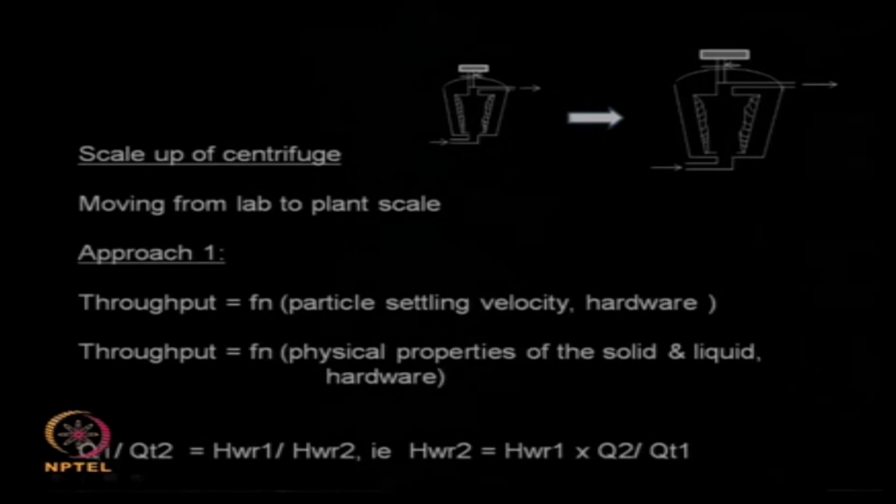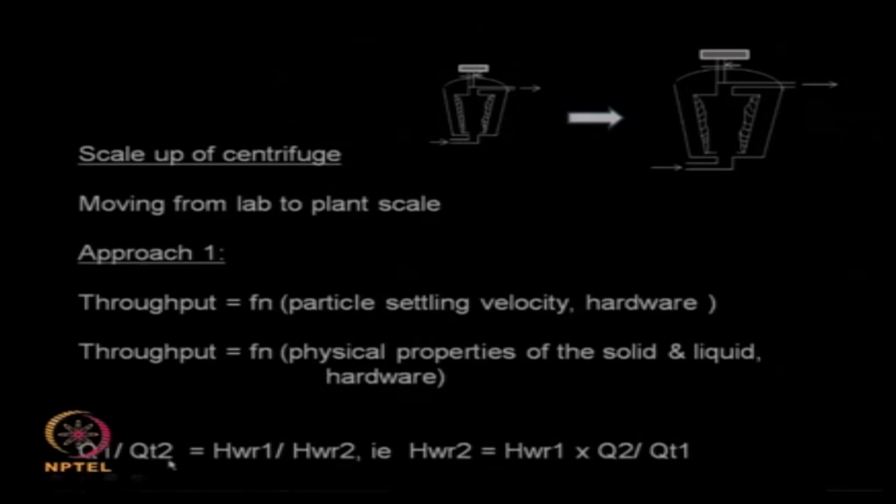So throughput in centrifuge 1 divided by throughput in centrifuge 2 will be equal to the hardware details of centrifuge 1 divided by the hardware details of centrifuge 2, assuming that the particle settling velocity does not change when you move from one scale to another. Okay. So if you assume that the particle settling velocity does not change, then throughput is directly proportional to hardware.